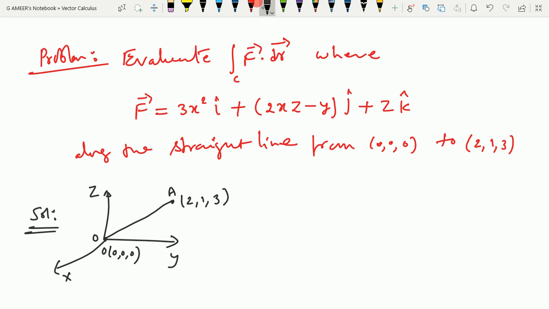So what is the equation of a straight line passing through two points? You must know this formula.